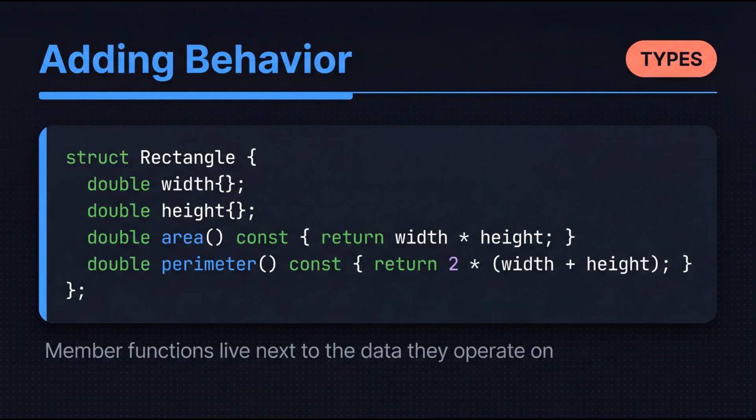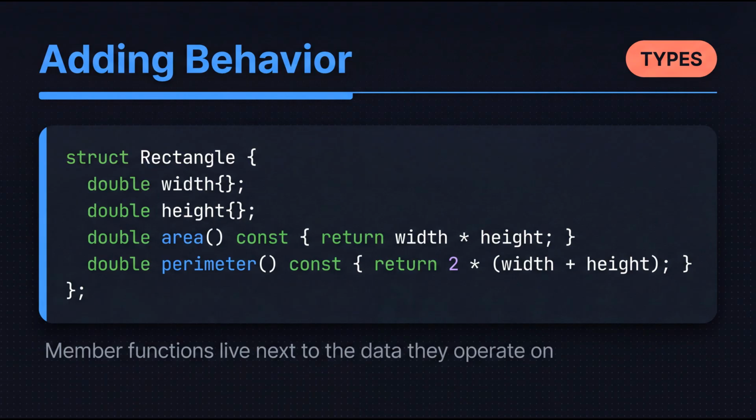Member functions live next to the data they operate on. Here, we have a rectangle struct with width and height. We add 2 member functions. Area returns width times height, and perimeter returns 2 times the sum of width and height. The const keyword after each function signature means these functions don't modify the rectangle.